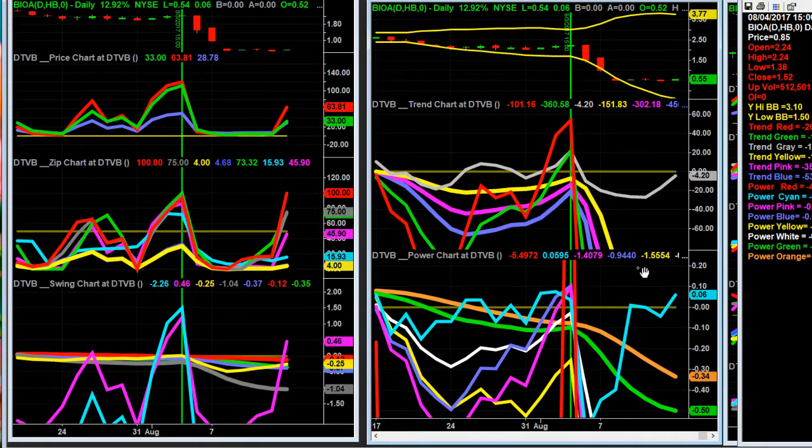But it's pretty easy when you've got everything under zero. In this particular example, it's pretty easy to see that if there was a gap, it's going to gap down. And even when you've got a $2.25 stock and it drops 85 cents, that's a 33% loss in one day.